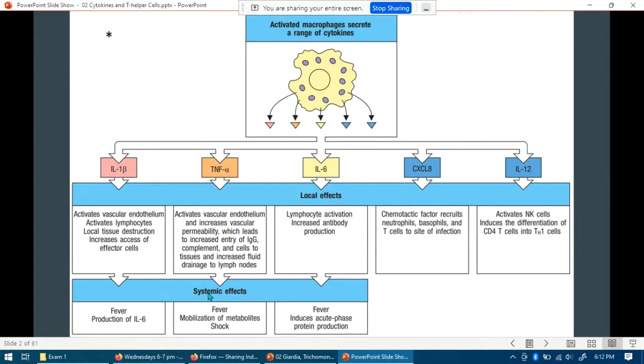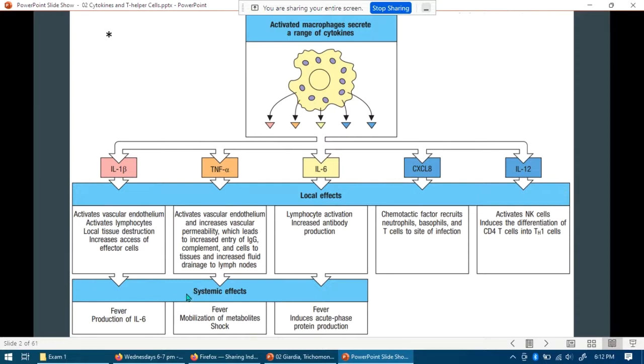Okay. And systemically, so those are local effects of IL-1 on basically neighboring cells. That's paracrine effects, right? But then there's also systemic effects. Frequently, systemic effects can be deleterious, so they can be negative. For example, IL-1, if it's released in high enough levels in the bloodstream, can promote shock, and shock can kill you.